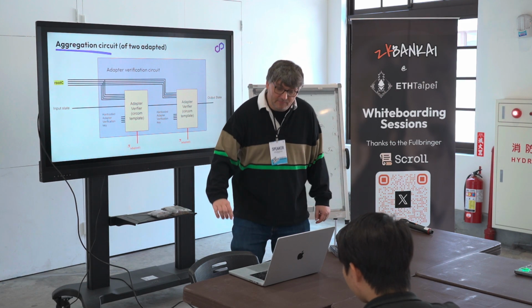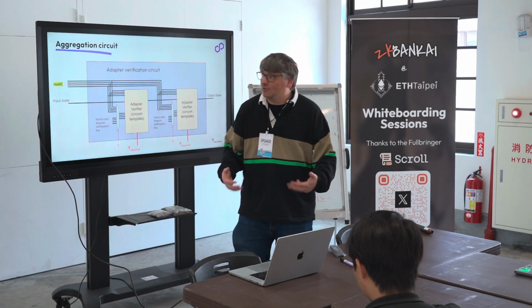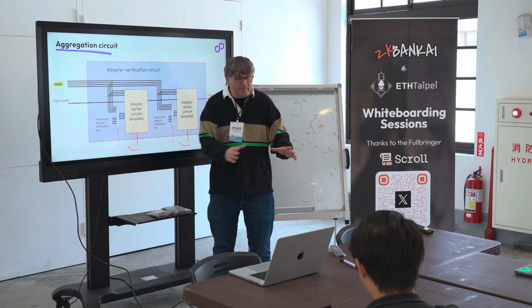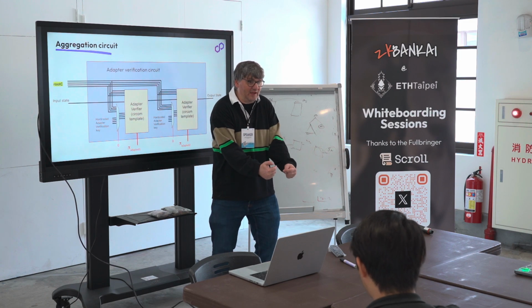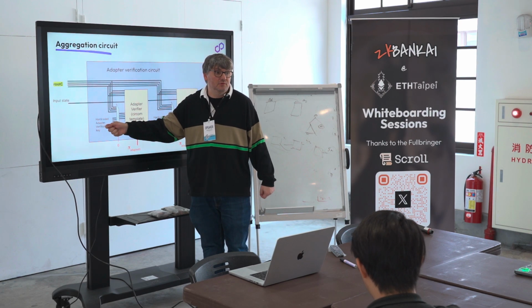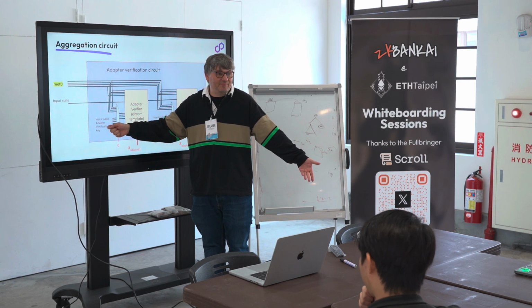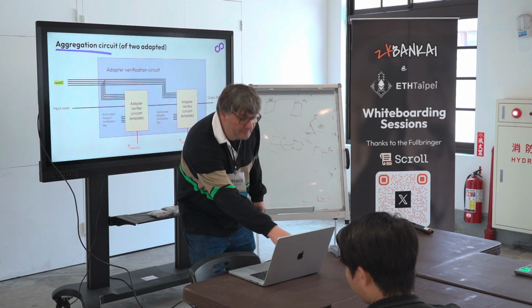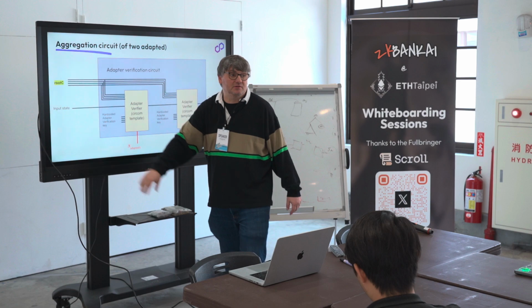What I can do is have another public input that says whether it's a basic proof, a batch proof, or another aggregated proof. If it's a batch proof, I hard-code with the adaptive proof, to have the same as I had here with a hard-coded adaptive.